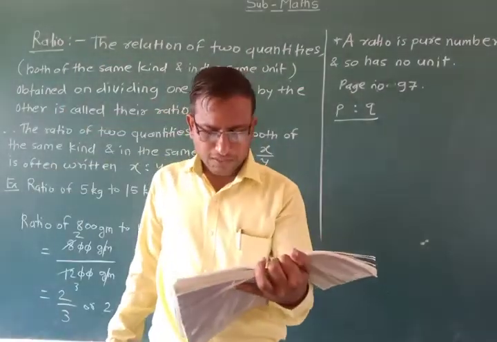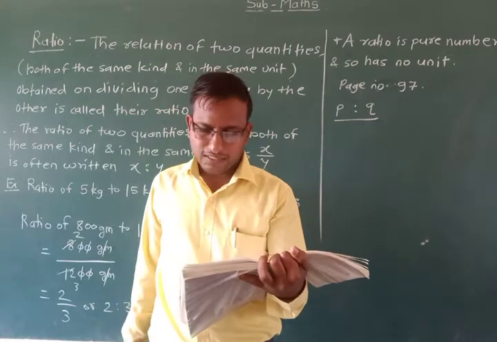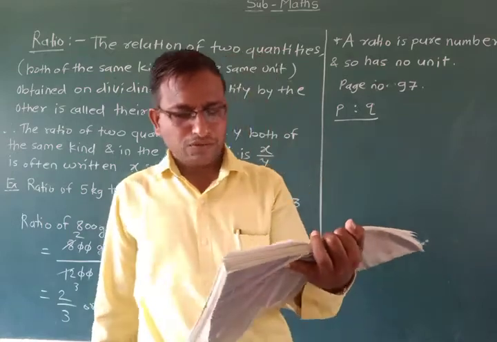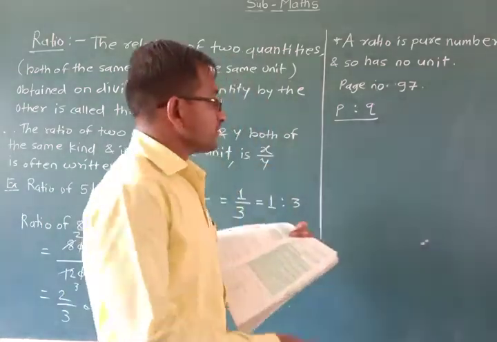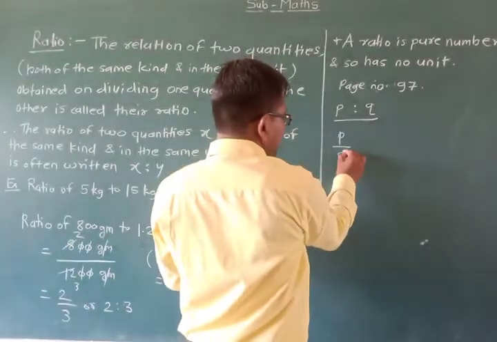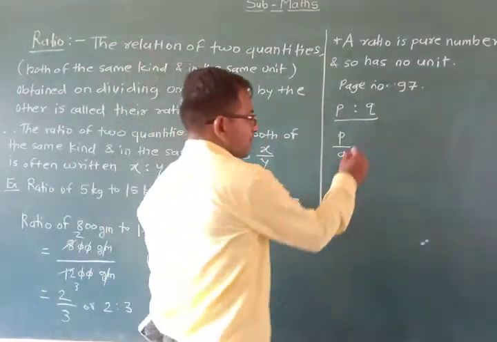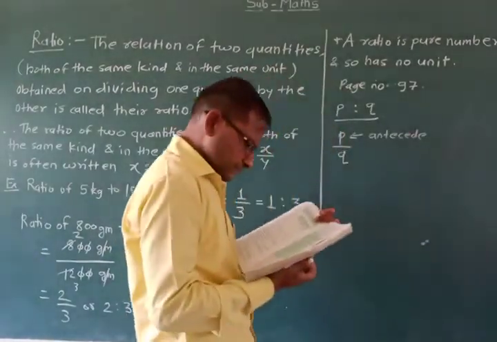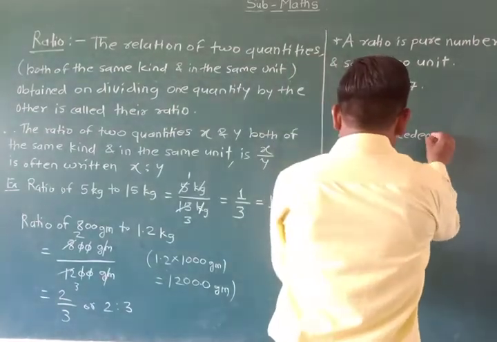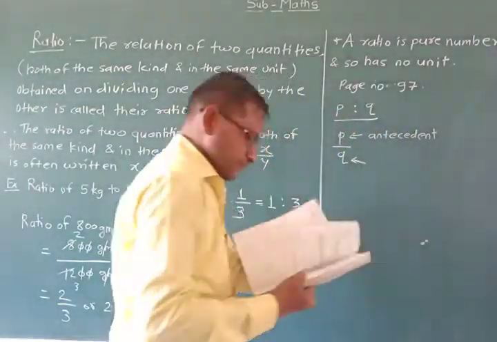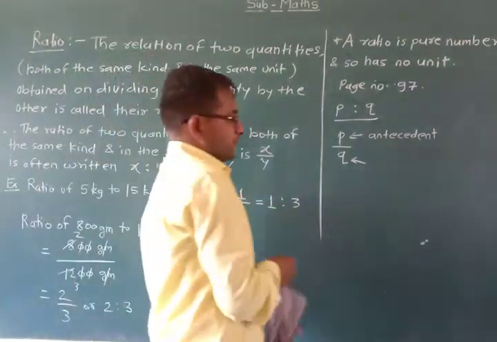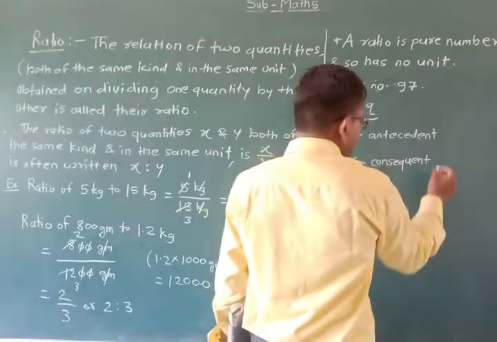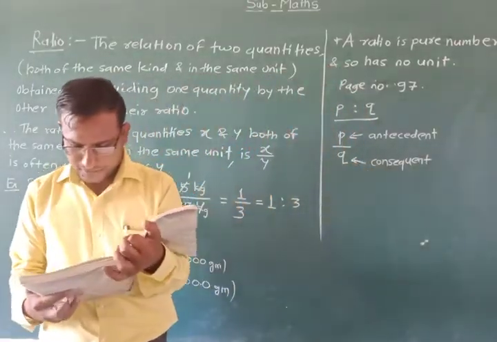Then the second point: the ratio of two quantities of the same kind and same unit is obtained on dividing one quantity by the other. The first term of the ratio is called antecedent. And the second term of the ratio is called consequent.